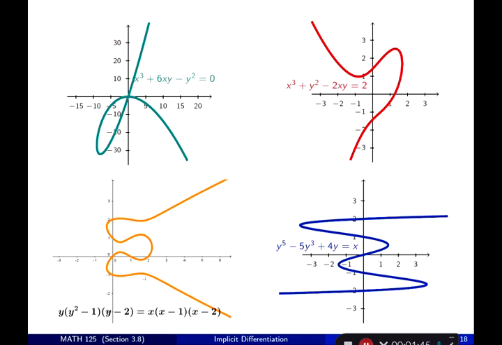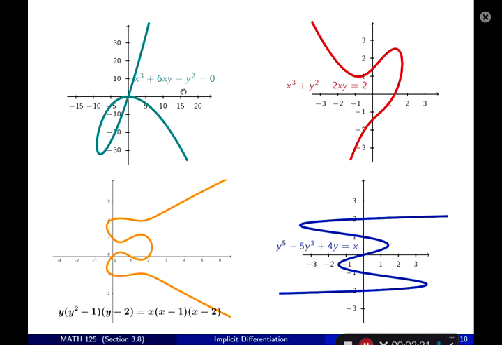some of them you actually can solve for one or the other variable. Here you can solve for x, and therefore you can have the rule of a function x equal to something. The roles of x and y change in the blue graph if you solve for x and have x as a function of y.